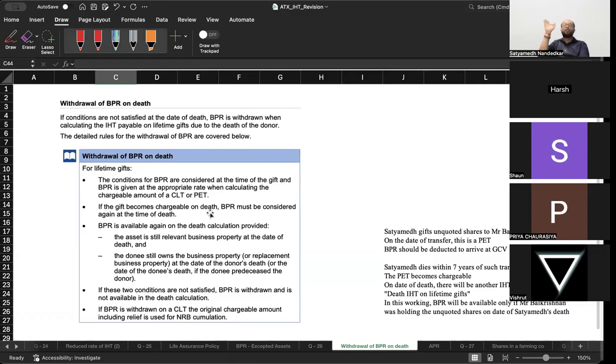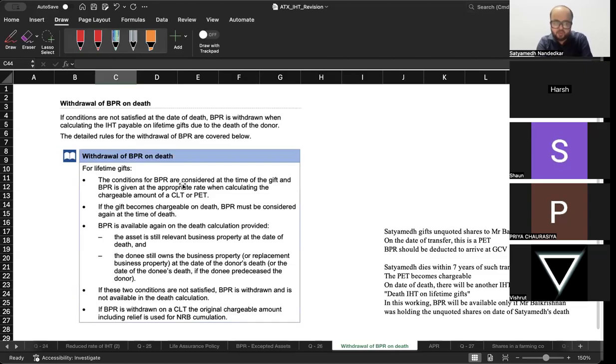If the conditions are not fulfilled at the time of death, तो क्या होगा? BPR will be withdrawn in that case. So the conditions for BPR are considered at the time of gift, and BPR is given at the appropriate rate when calculating the amount of CLT PET.